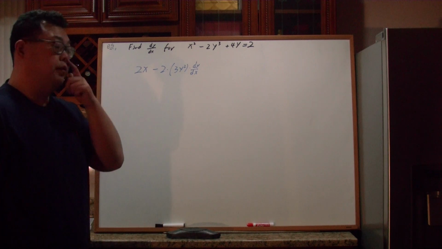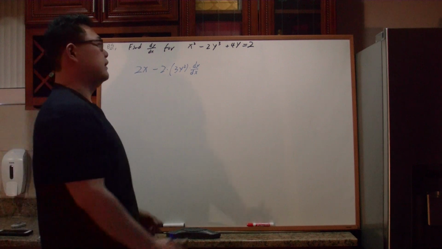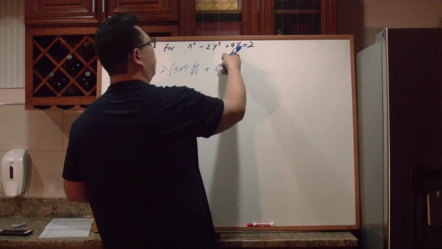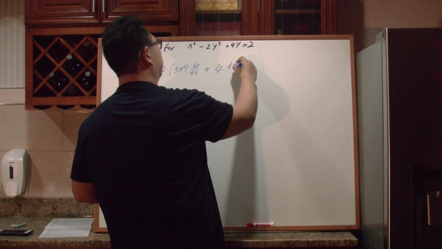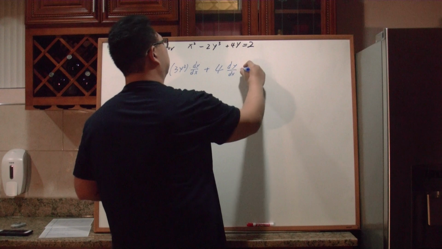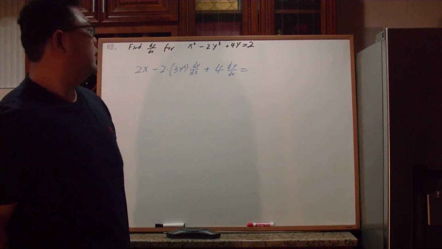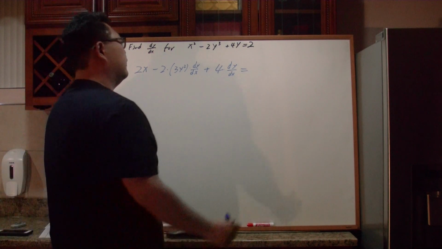Every time we have an expression of y involved, we need to multiply by dy over dx. And when we have y over here, the derivative of y is simply dy over dx.